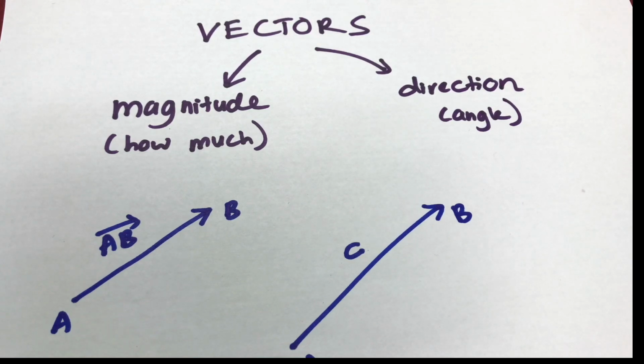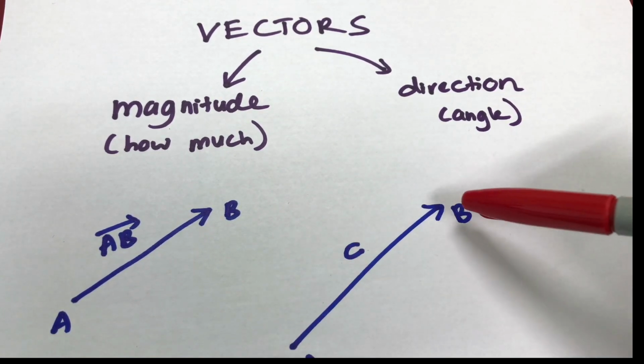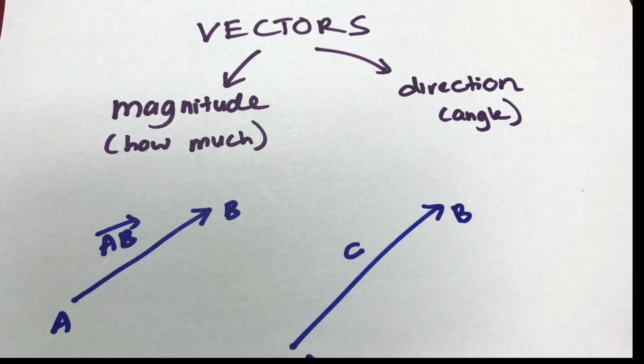A vector can be represented by a directed line segment, such as this one here, where the length of the line represents the magnitude of the vector in the form of numbers. Thus, it answers the question, how much is the length of the vector? Meanwhile, the direction of the line represents the direction of the vector. This is usually quantified by an angle.